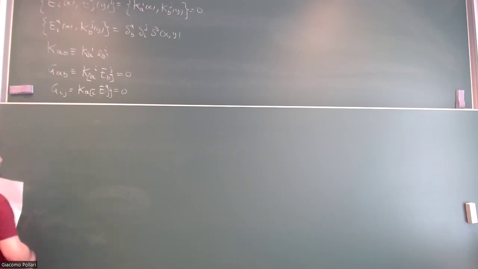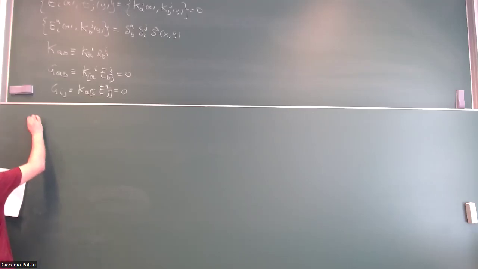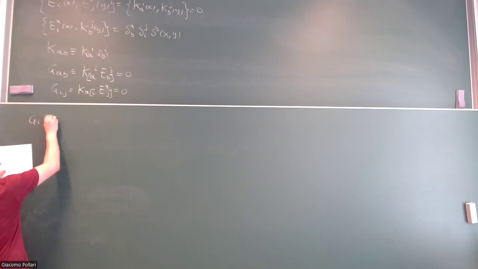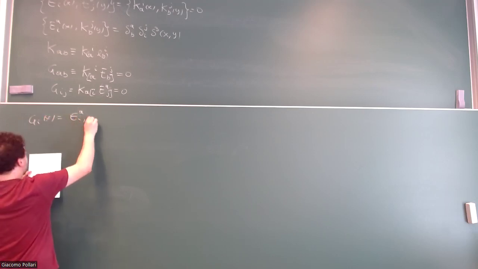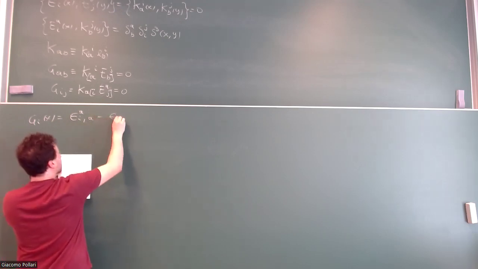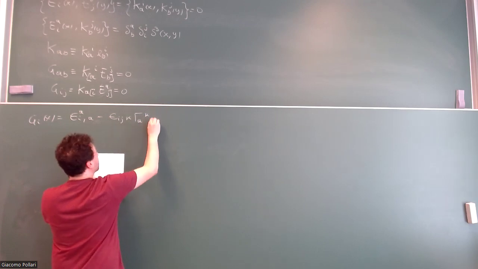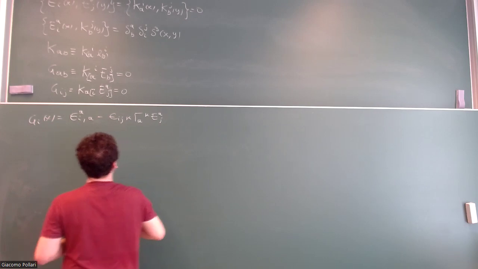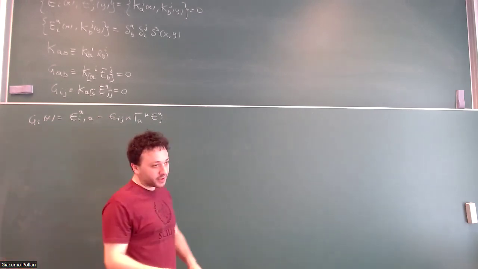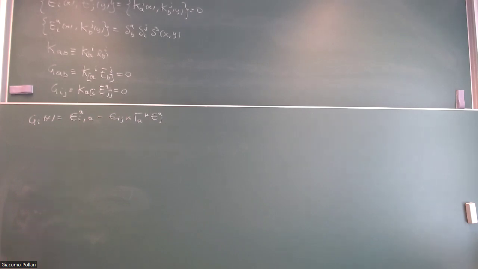And therefore, we also have this type of constraint that is written as this, where now this gamma is the Levi-Civita spin connection.